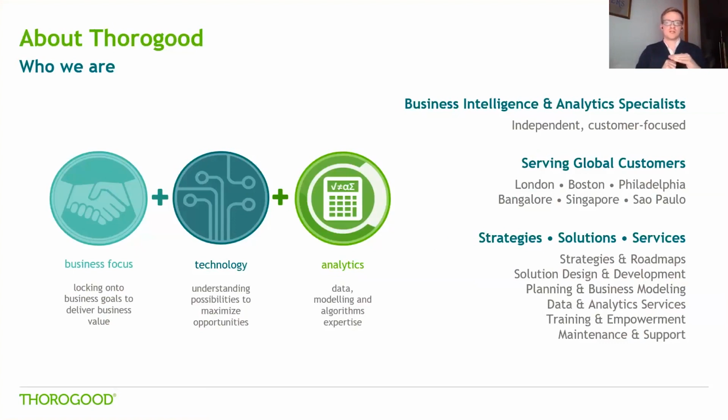Additionally we offer advanced analytics services, planning and business modeling, user empowerment, so upskilling organizations to use the technologies themselves, as well as offering advice on strategies and roadmaps going forward, and data roadmap plans for organizations as well.